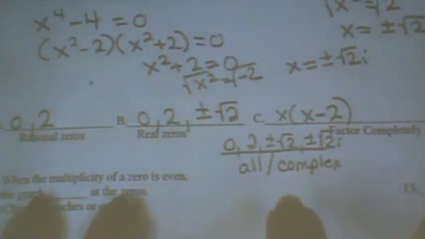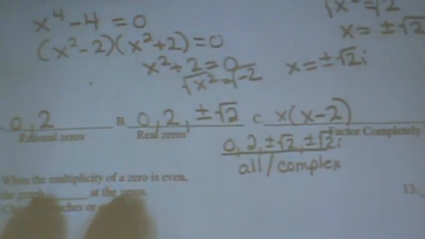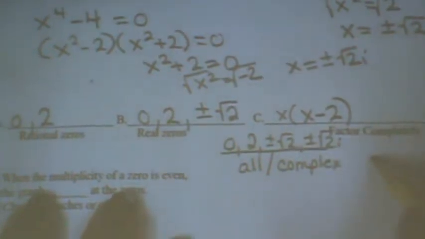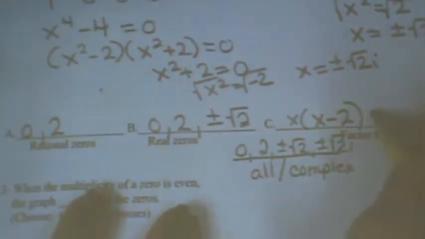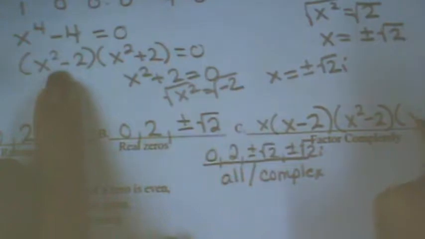If I would have had another answer that said all, it doesn't say all real, it says all, as in real and imaginary. Now, for factor completely, there's 2 answers I would have accepted. You could have done this right here, and I was okay with that.